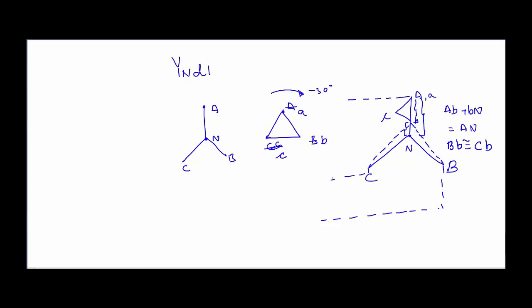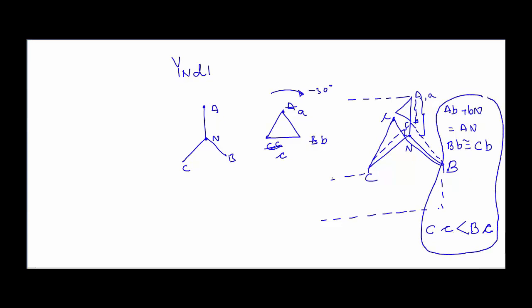Then capital C and small c is smaller than capital B and small c, so we can see that this vector is longer, so capital B and small c will be longer than capital C and small c. If we get all these three results, then it means that the vector of the transformer is Y and d1.